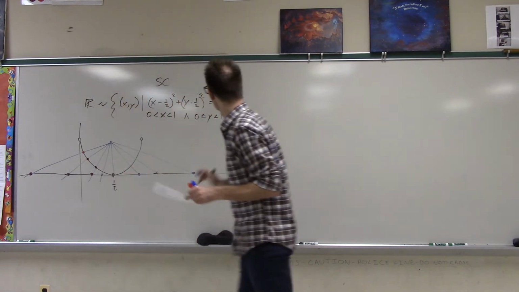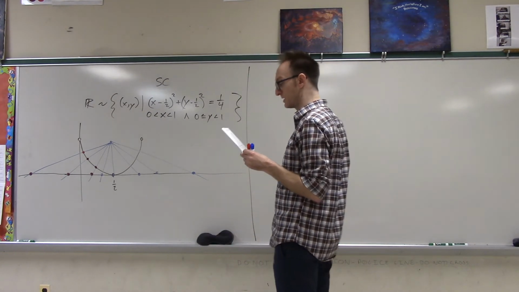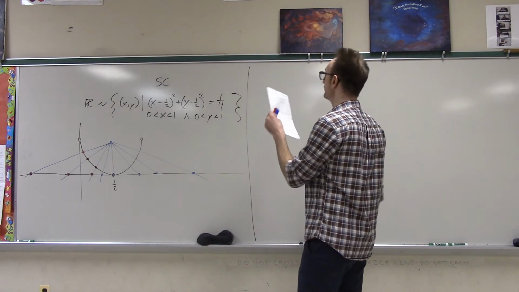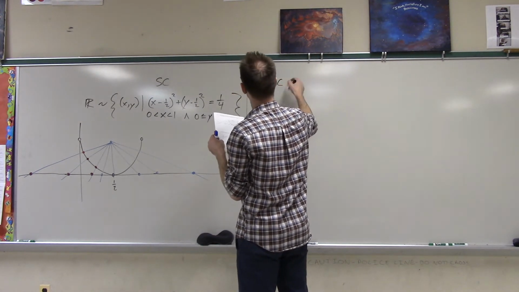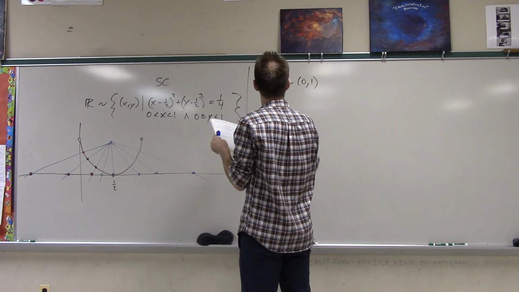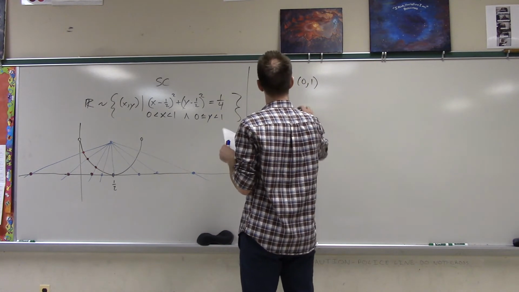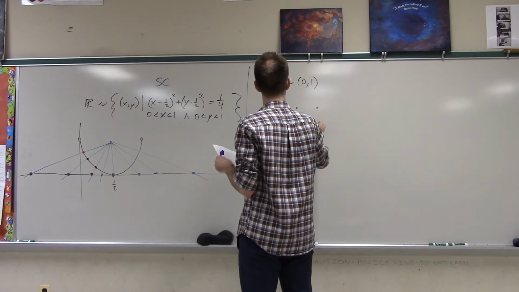So that was fun. Now, prove that the set of points on the semicircle is equinumerous with the real numbers in the interval 0, 1. In other words, prove that the set of points on the semicircle is equinumerous with the real numbers between 0 and 1. Okay, well, you just take this same picture, and now you just drop down.